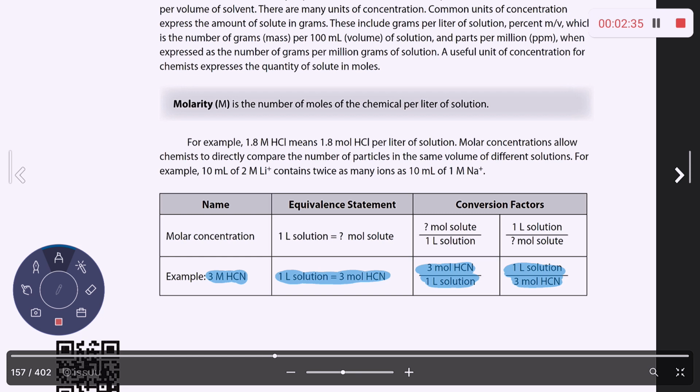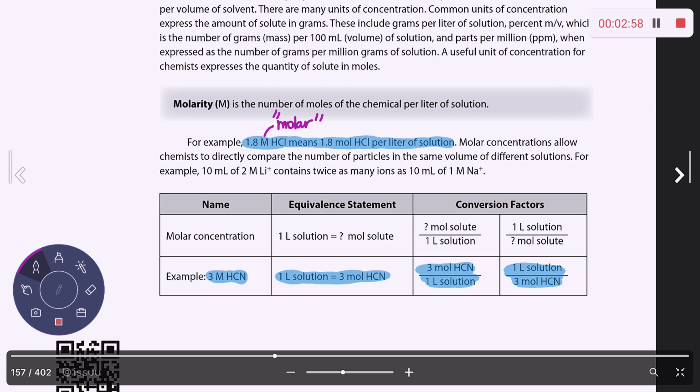The way that you read this is 1.8 mole HCl means 1.8 moles of HCl in a liter of solution. They may also say 1.8 molar HCl, okay?